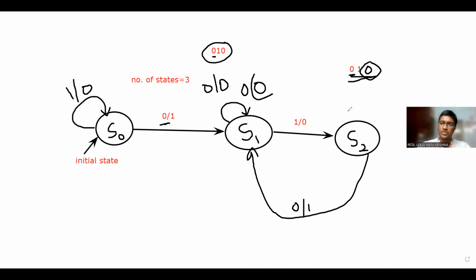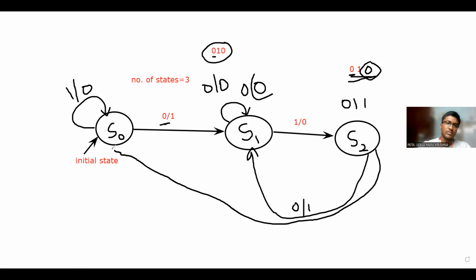And if you consider S2, while reaching S2, we have already got 2 bits, 0 and 1. And if I give the third bit as 0, it will move to S1. If I give it as 1, as the sequence starts with 0, 1 is not matched. So it will point out to the initial state, that is S0.